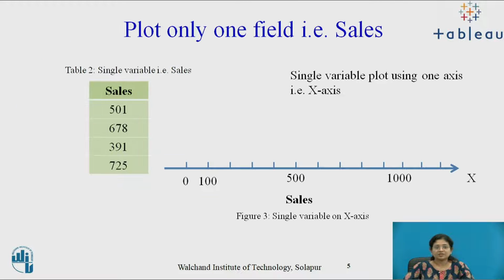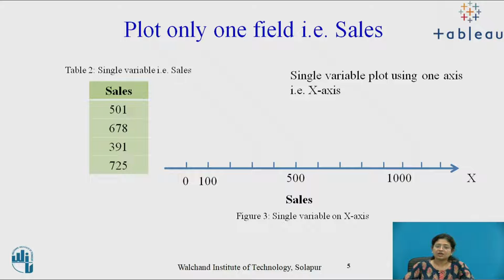So, let us see how to plot only one field on a graph, on any one axis. To draw one field, I have taken sales. Sales is a measure. The values for the sales are $501,000, $678,000, $391,000 and $725,000.